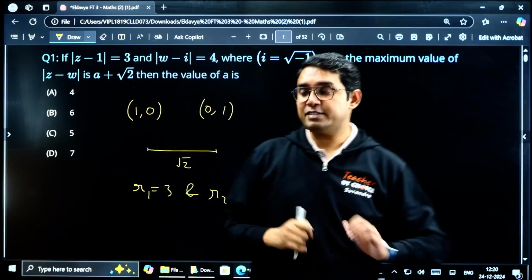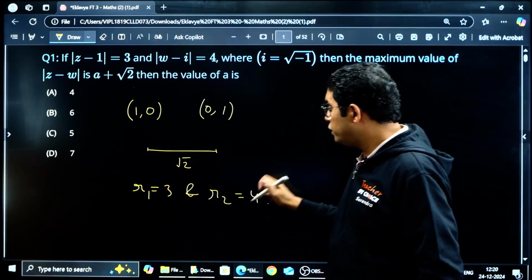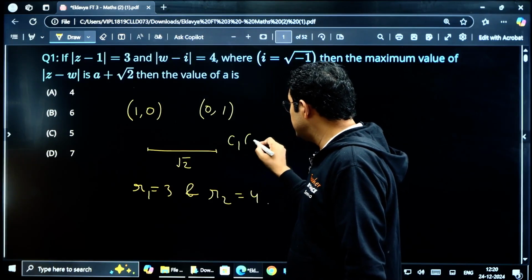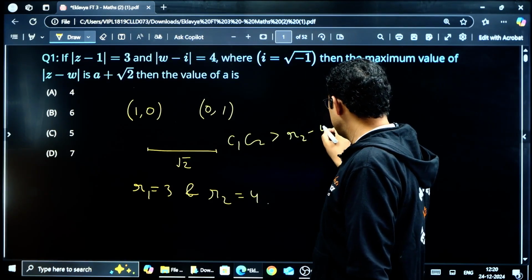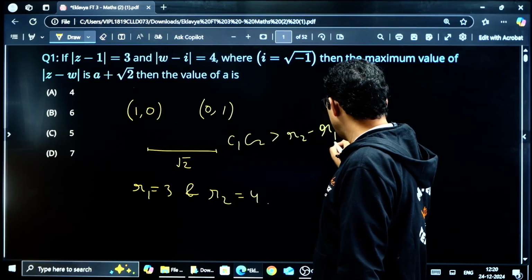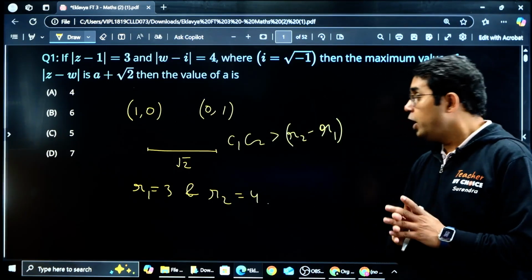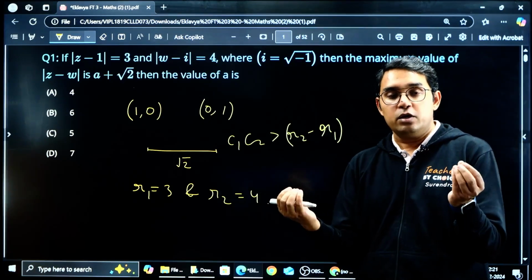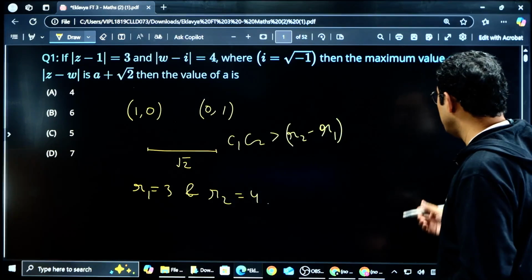Now, the distance between centers is root 2 and the radii are 3 and 4, so you can see that the distance between centers C1C2 is less than R2 minus R1. Which means these circles will be intersecting each other, and not only that, each contains the other's center. Why is it so?